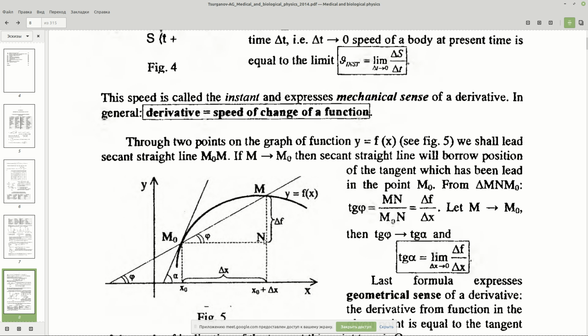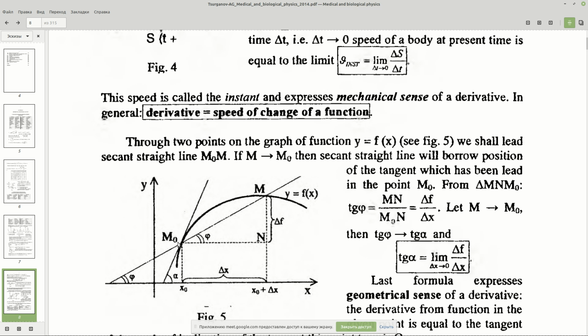So we need to have the tangent, we need to divide this line with the opposite of this angle and something nearby the angle. So we have this delta f, the differential of the change of the function, and the change of the argument delta x.